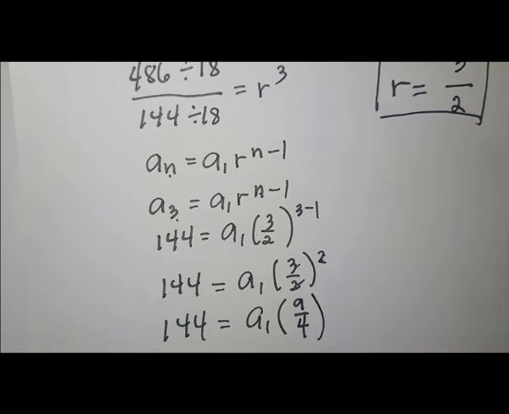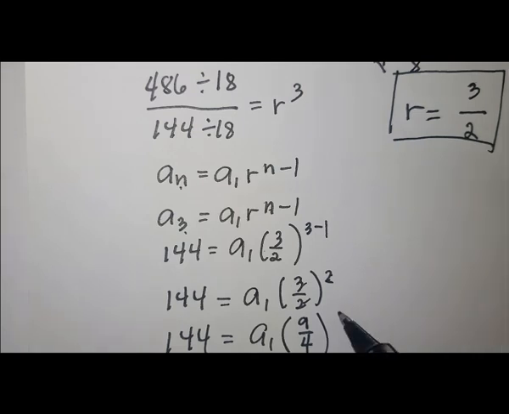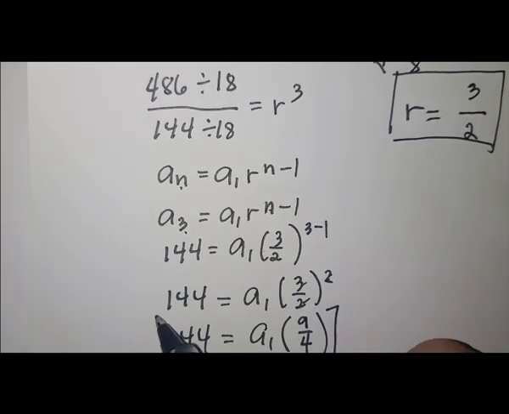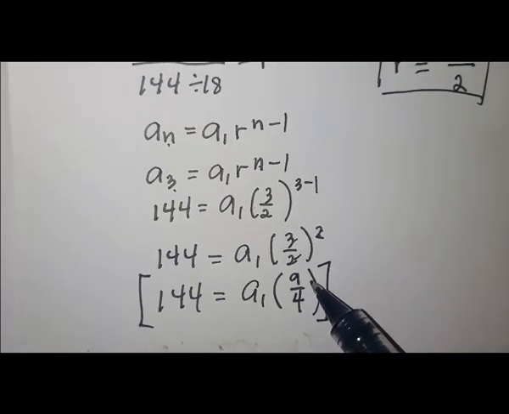So, ngayon, kailangan matanggal yung 9 over 4 kay a sub 1 para malaman na natin yung first term. So, kapag fraction, para hindi kayo malito pag nagdi-divide kayo, instead of dividing both sides, multiply natin both sides. Okay, ano yung ipamumultiply natin? Yung reciprocal ng value na katabi ng a sub 1.